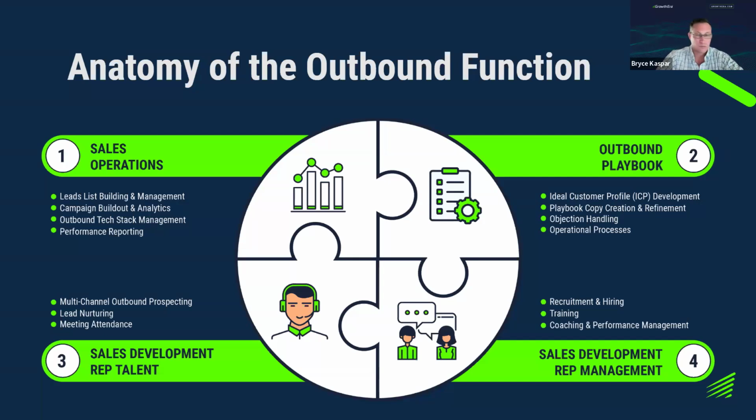You want those folks narrow in their role. I think role specialization is one of the most important things in a high performing outbound system. You don't want your sales development rep trying to run your list building tech stack. You don't want them writing playbook copy. You're looking for a unicorn if you're looking for someone like that. It's not very scalable.